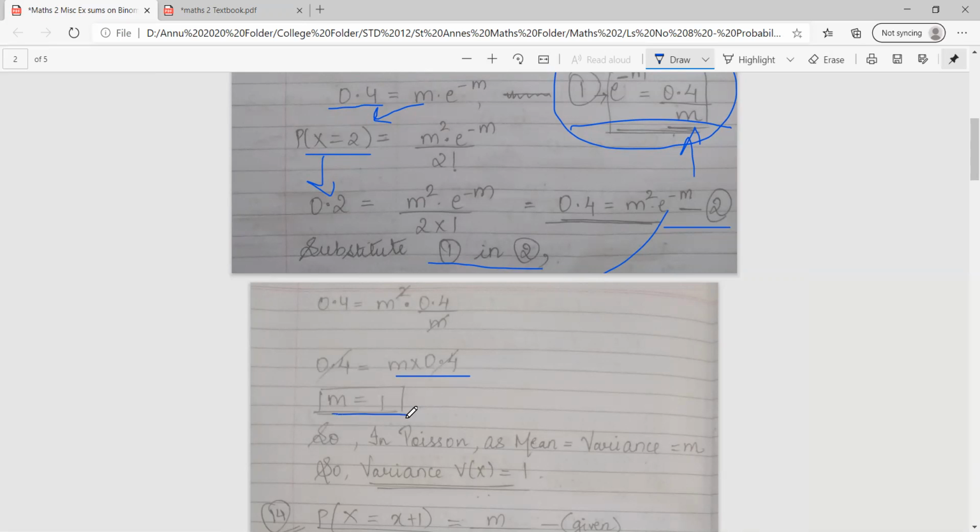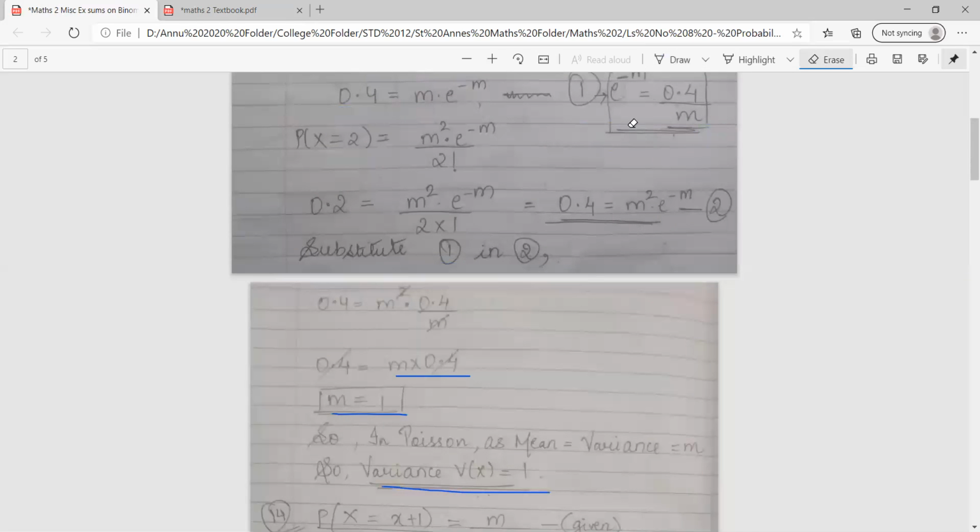So 0.4, 0.4 gets cancelled. I'm left with m is equal to 1. So as I told you, in Poisson, mean is equal to variance is equal to parameter m. The value of variance of x is equal to 1, as the value of parameter m is 1. So I hope you all have followed the sum class.